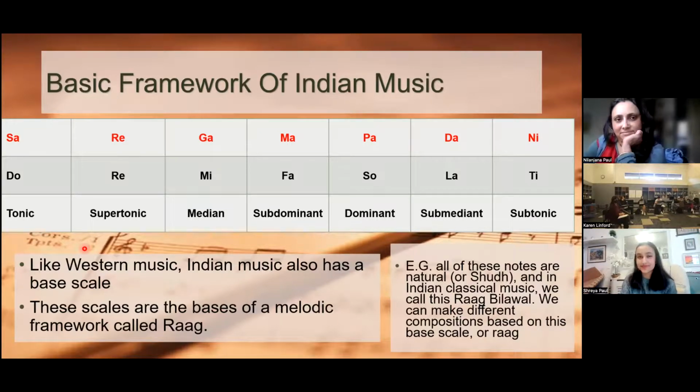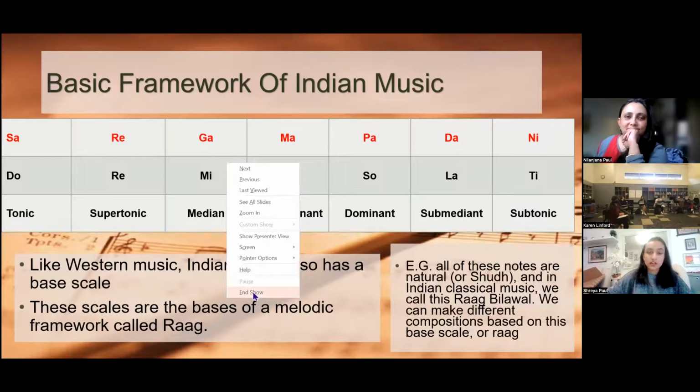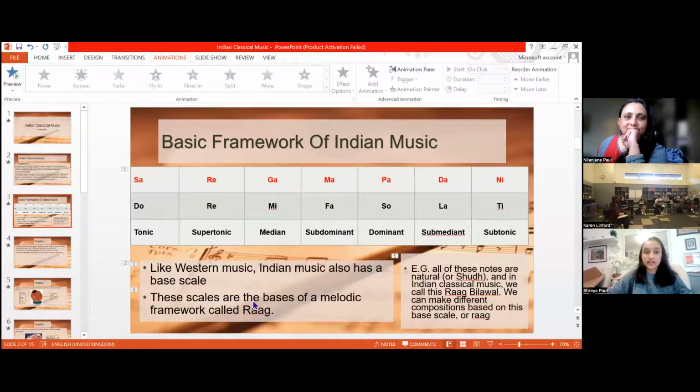So if you created a drone on the ni, on the seventh, on the leading tone, I'm just curious what that would sound like. Do you know if there's a musical example or a song I could listen to that's based on the drone of the ni in the scale? I can see if I can get something up.